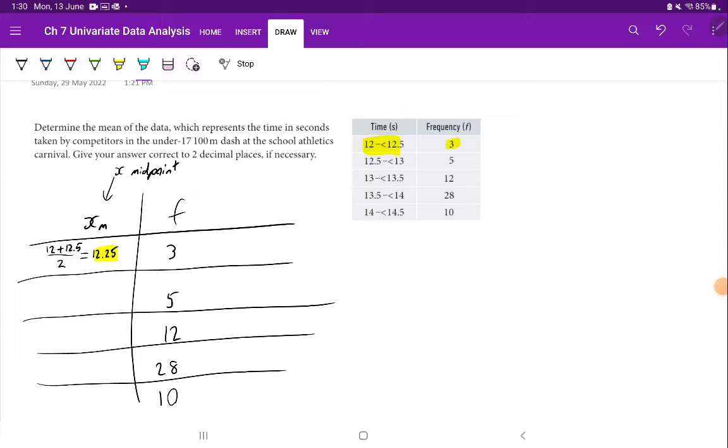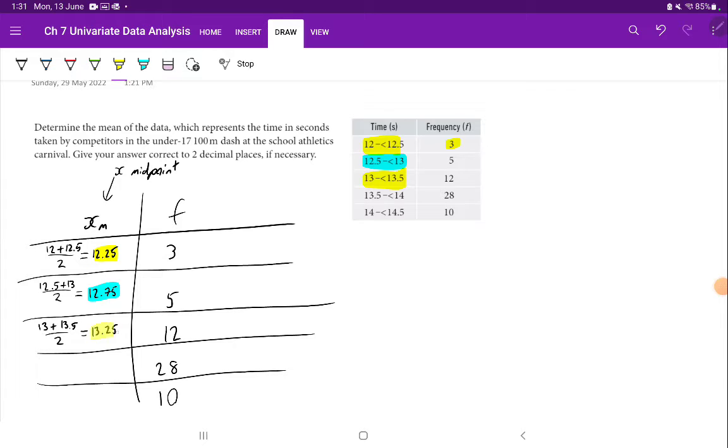The next range is 12.5 to 13. So 12.5 plus 13 over 2 is 12.75. And then I take my next range. 13 plus 13.5 over 2 equals 13.25.